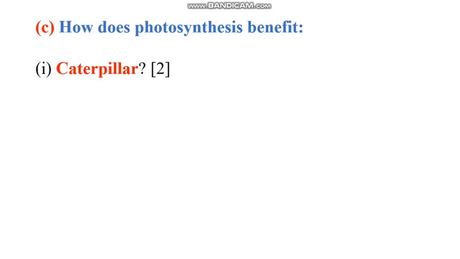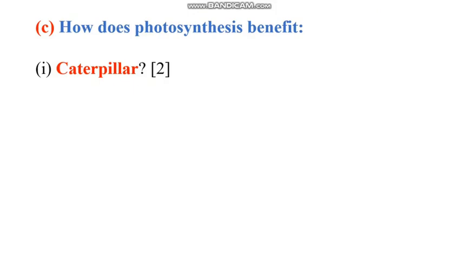So here we must understand that photosynthesis produces food for all living organisms, directly or indirectly. Herbivorous animals directly benefit from photosynthesis by feeding on the plants' stored food in the leaves, the stems, or the fruits.